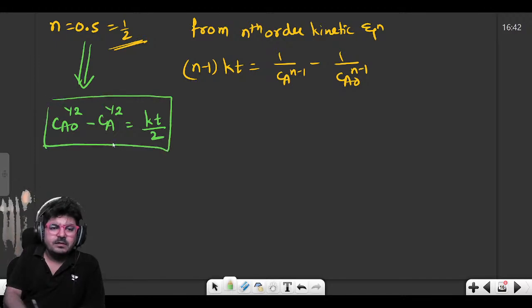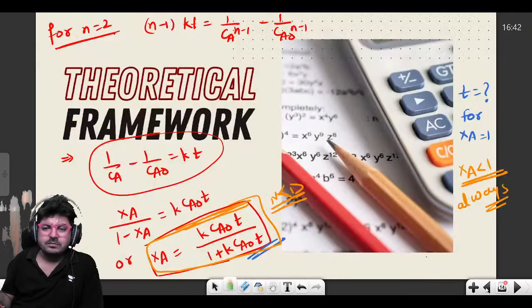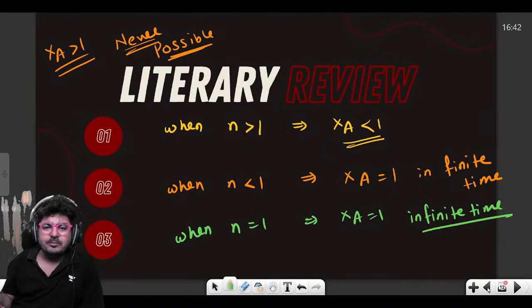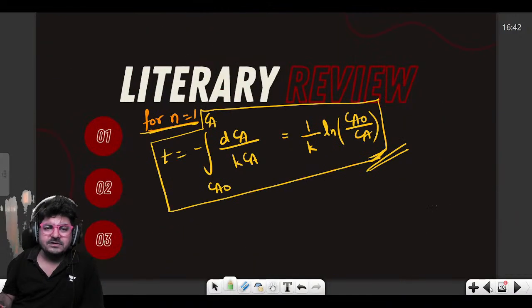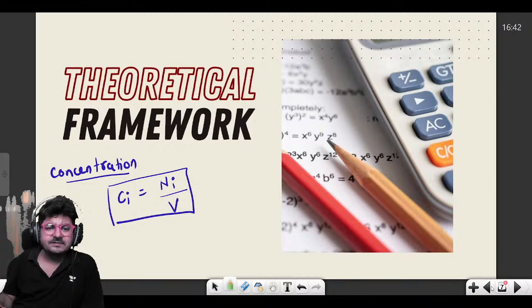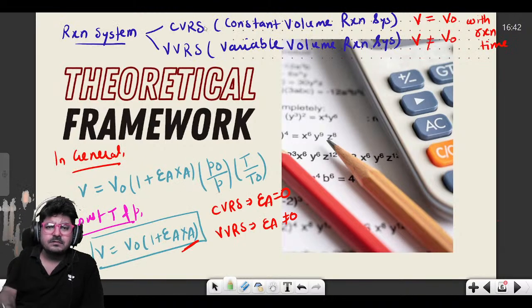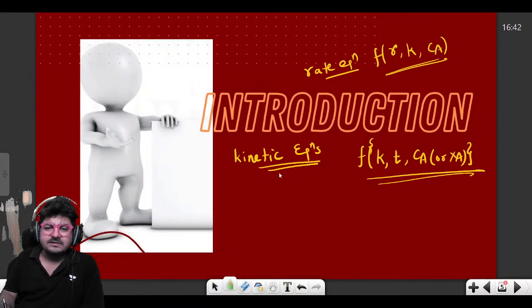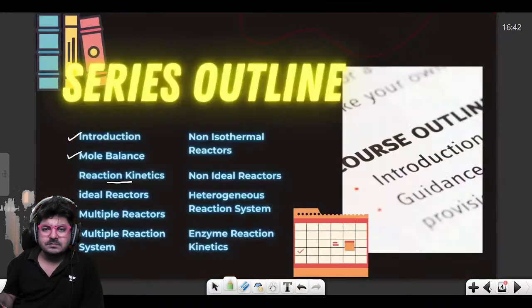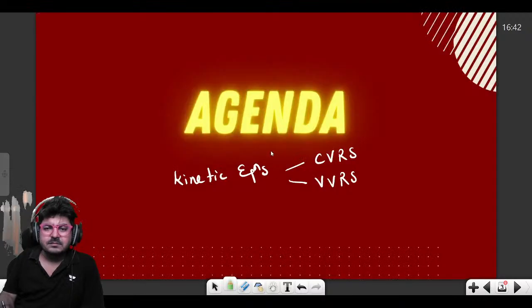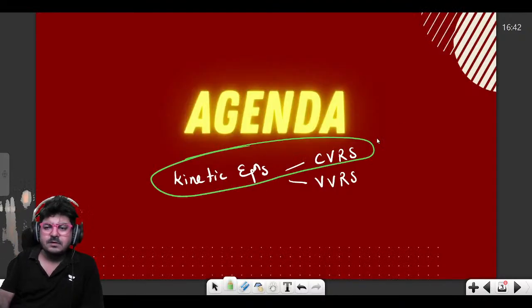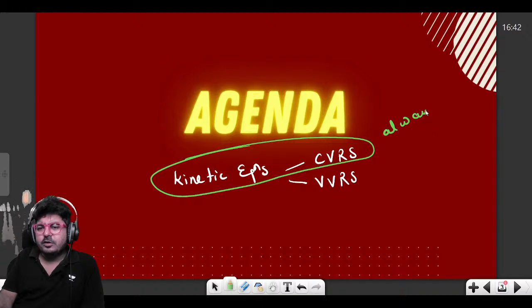So I would suggest all of you, whenever you are going to solve problems related to kinetic equations of CSTRs, always try to solve in terms of concentration.